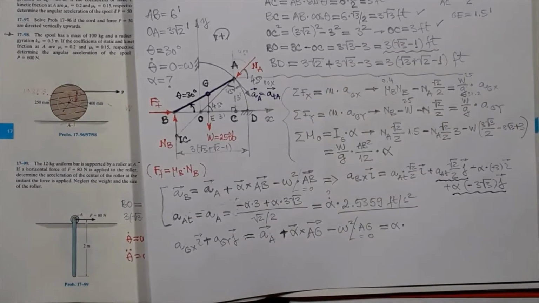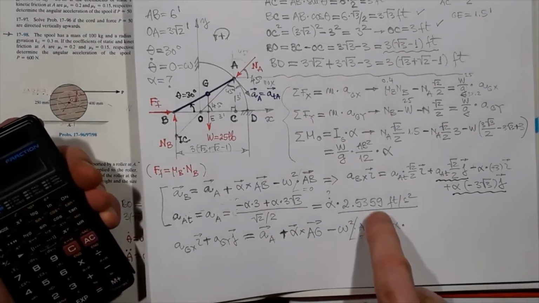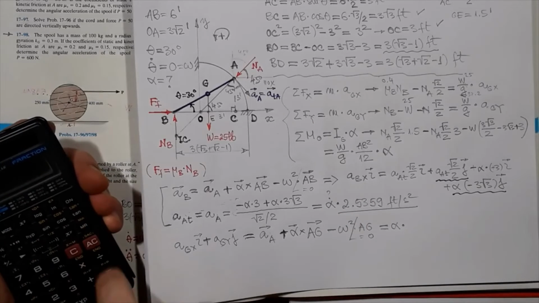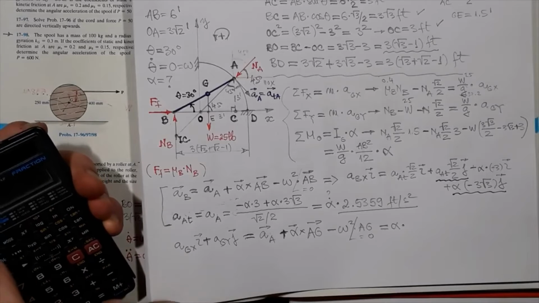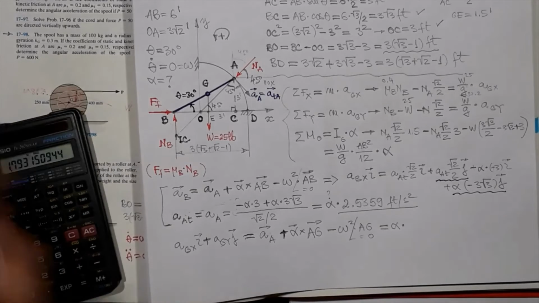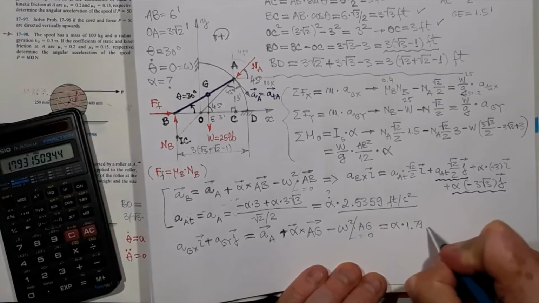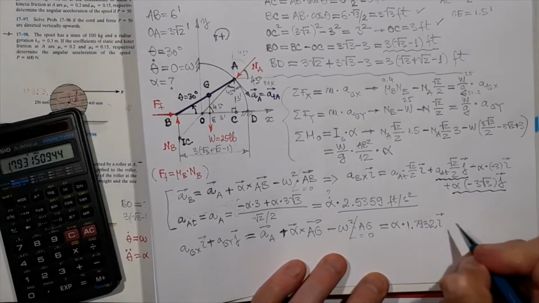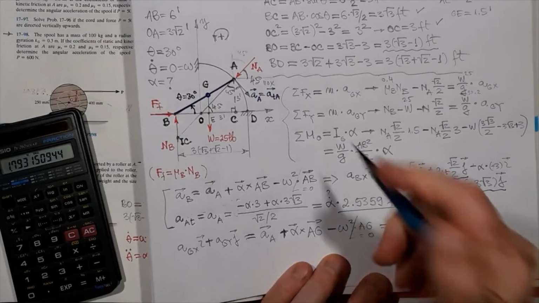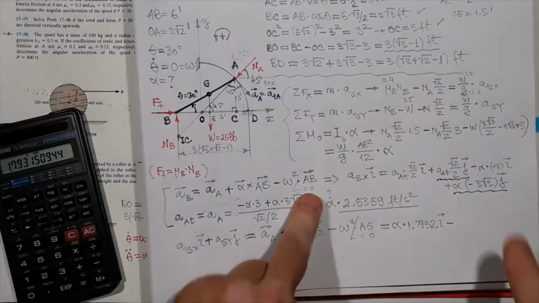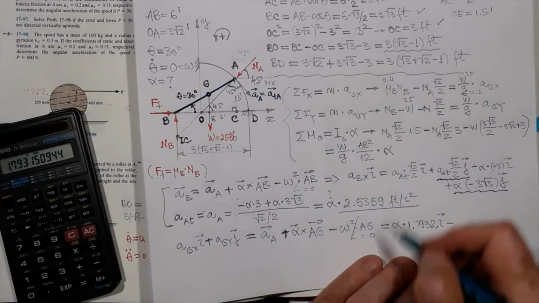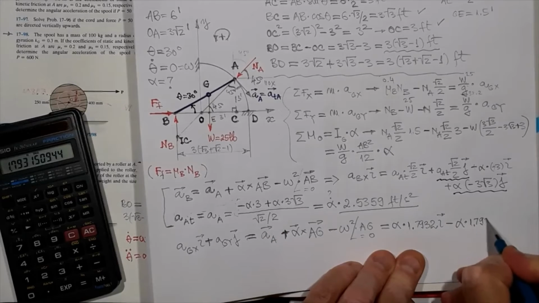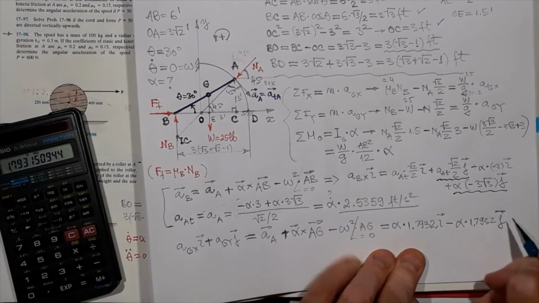So I still have it in memory: 2.5359 times square root of 2 over 2 equals 1.7931532, and this is the i component. And then I have negative, it will be this piece times cosine, but sine and cosine of 45 are the same, so it will be negative alpha times 1.7932 j. We took care of this one.